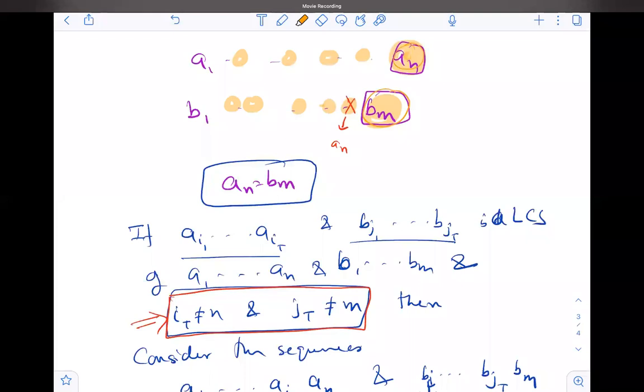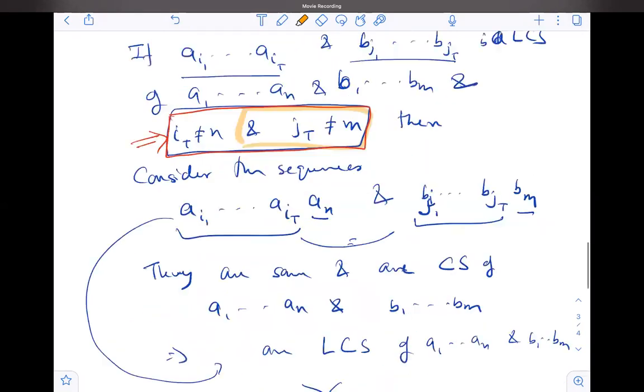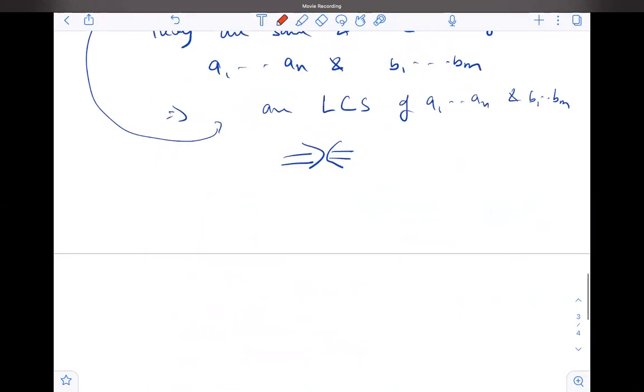Maybe you can try to write it formally here also. Let's say, assuming that only one of them is not there, then what happens? So I can write the final thing here.